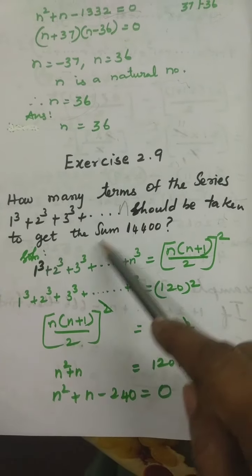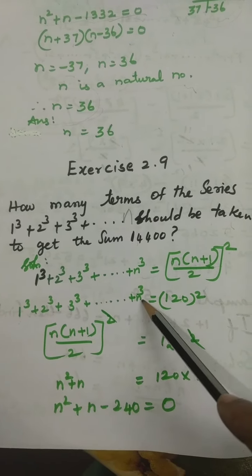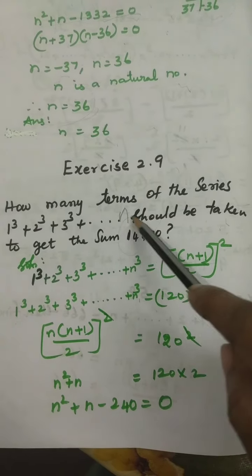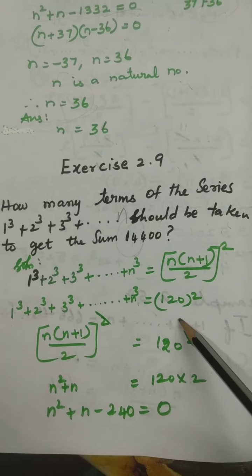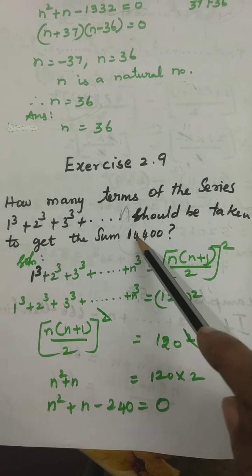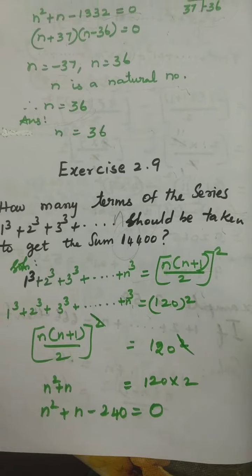Now they have given that it equals 14400. We can write 14400 as 120 the whole square.